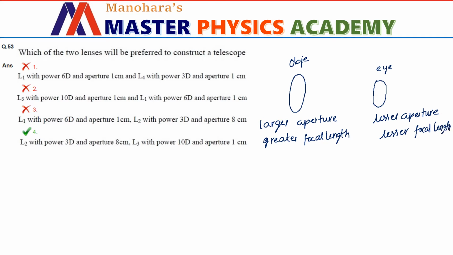In other words, the power of the objective will be lesser because power and focal length are inversely proportional to each other, and the power of the eyepiece will be greater in magnitude.